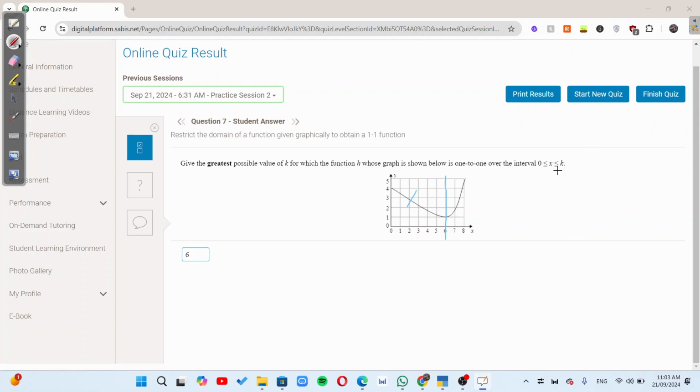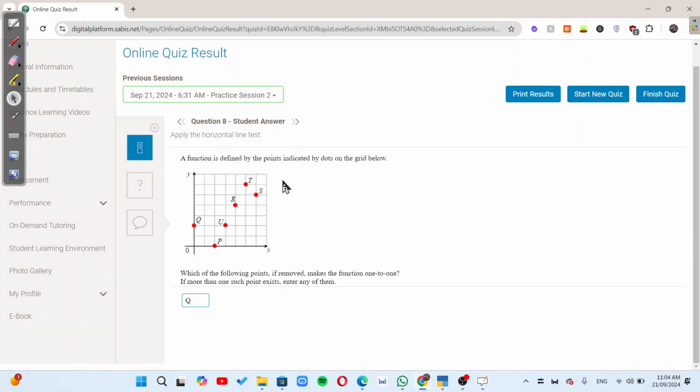So your number k has to be at 6, because you can either cut the left or right, that's your choice. But to make it one-to-one, it has to either be bigger than 6 or less than 6. It can't be anything else. So yeah, this question is pretty straightforward.